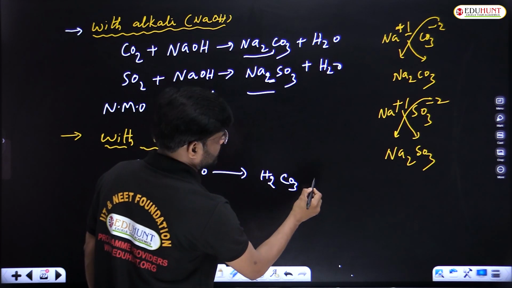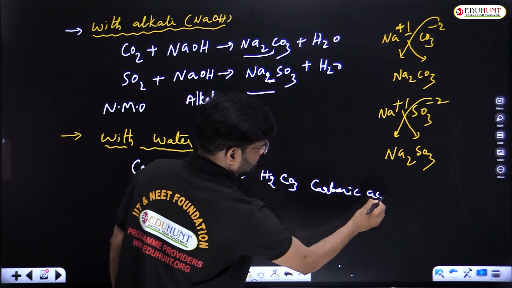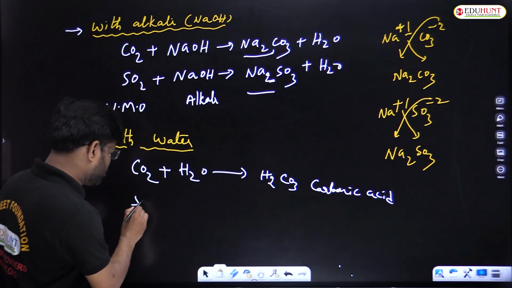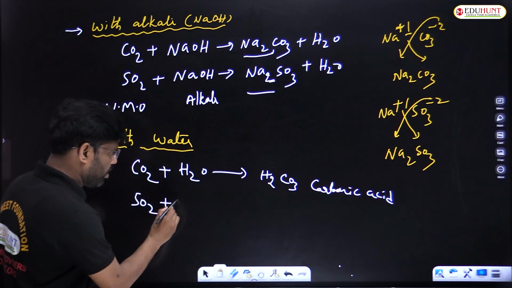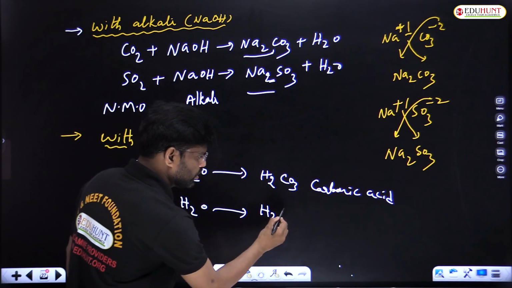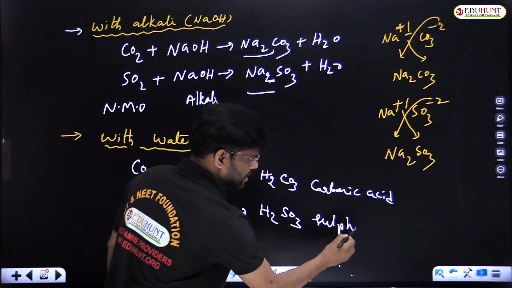This is carbonic acid. And next, SO2 reacts with water and produces H2SO3. This is sulfurous acid.